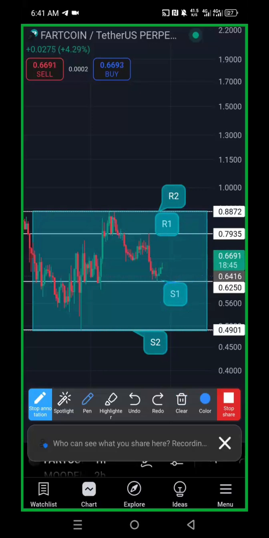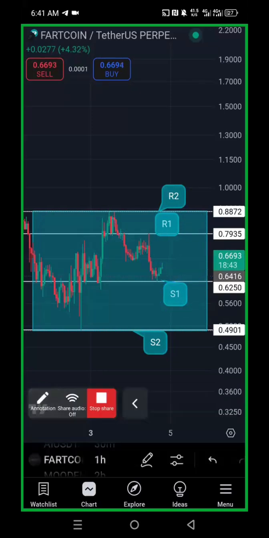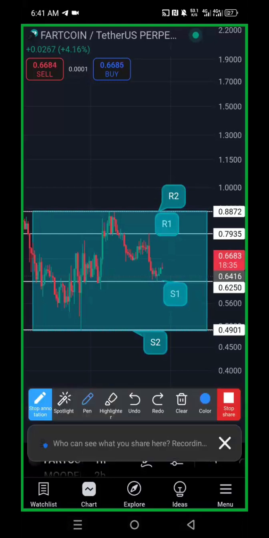So in this case, what you would do, you can go ahead to identify them and draw. Since this point here is above our current price, this could as well be a resistance line, right?